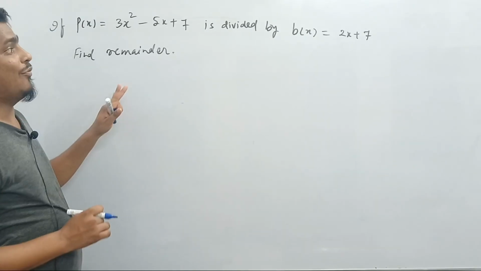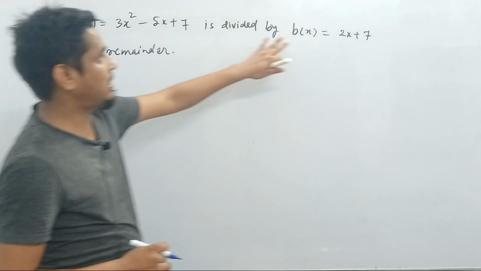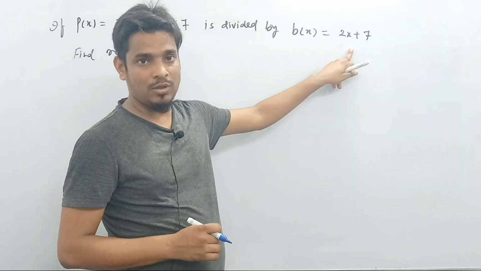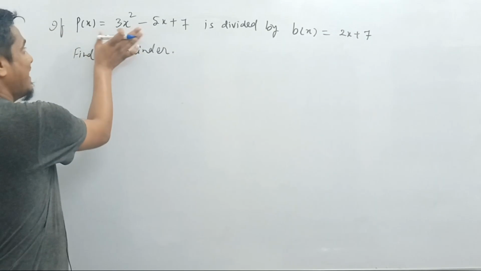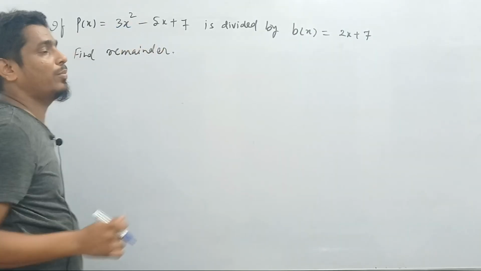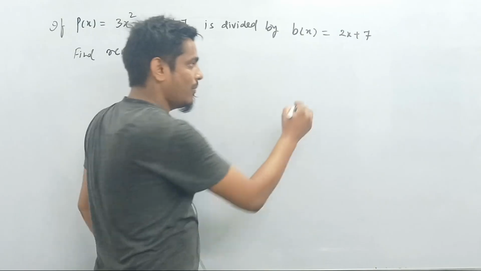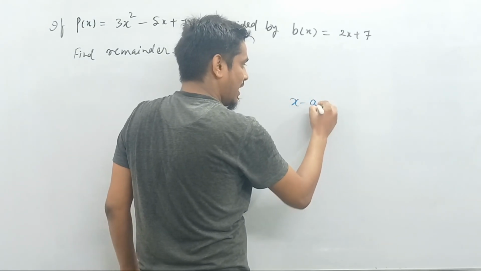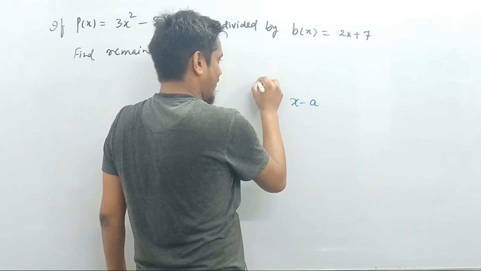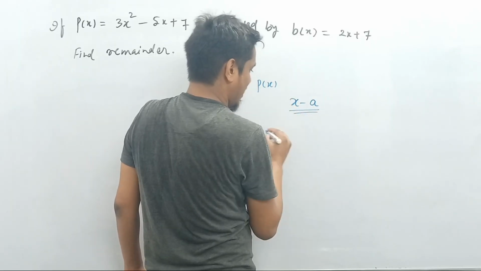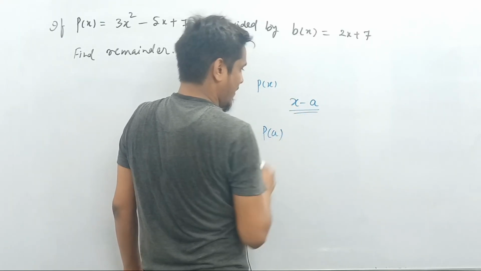So here we can find that this g(x) is a linear polynomial in the variable x. Whenever we are dividing a polynomial p(x) by a linear factor of the form x minus a, then the remainder will be p(a).